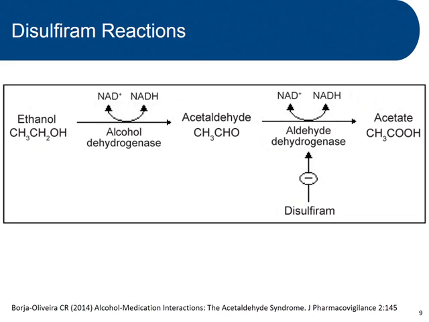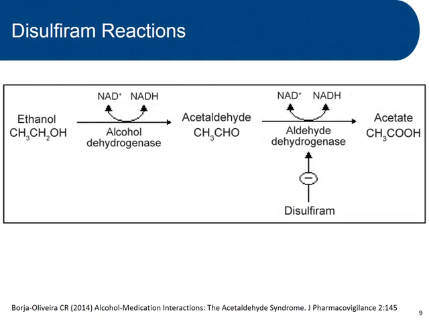So basically what you see here is ethanol being metabolized. Alcohol dehydrogenase is responsible for the first step in this process, and so acetaldehyde is produced.